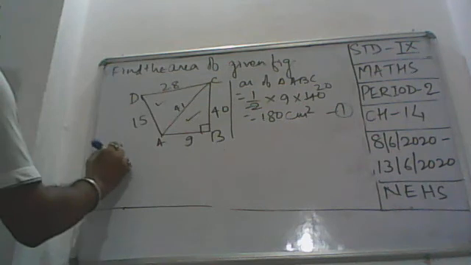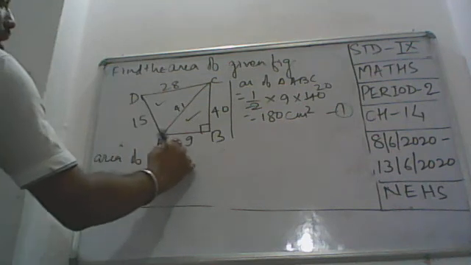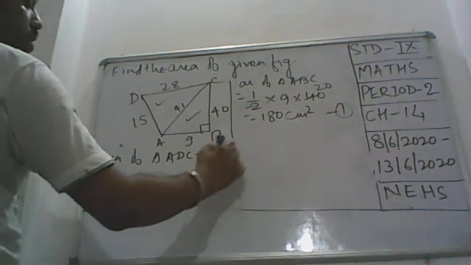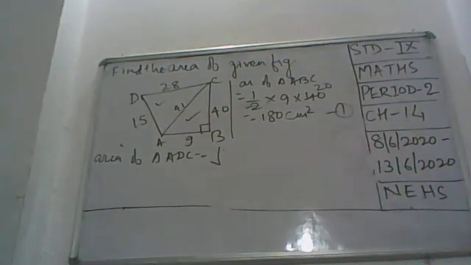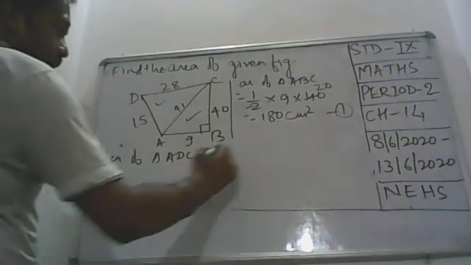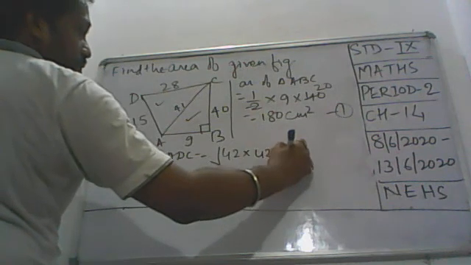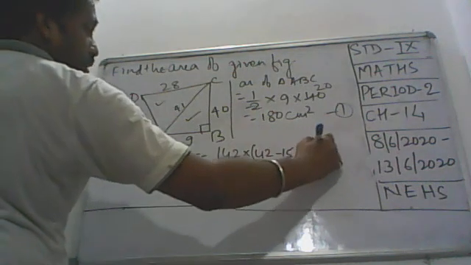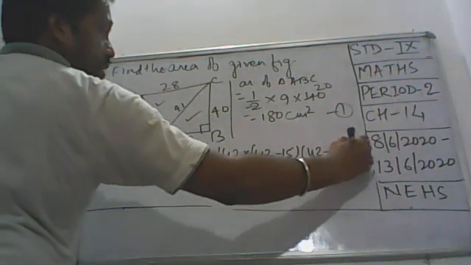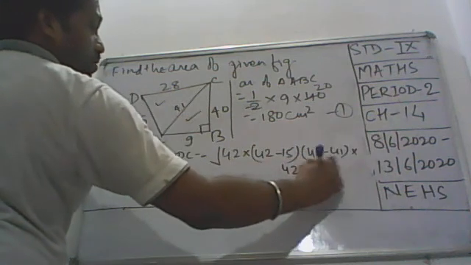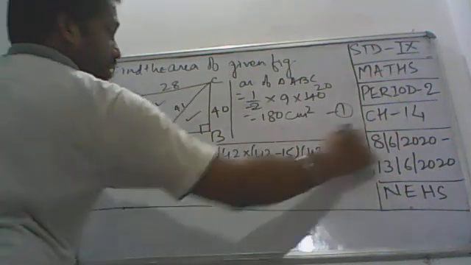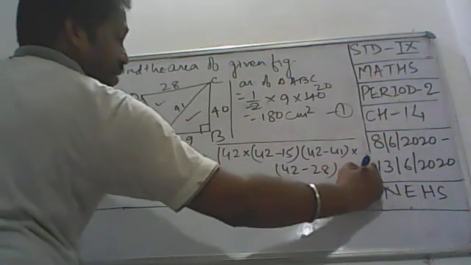Okay. So area of triangle ADC is equal to under root 42 into 42 minus 15, 42 minus 41, into 42 minus 28, centimeter square.